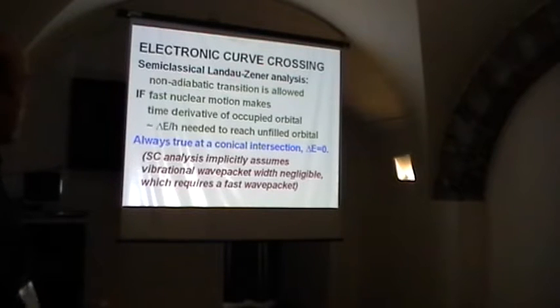In the Landau-Zener picture, a non-adiabatic transition is allowed if fast nuclear motion makes the time derivative of an occupied orbital, if it's moving adiabatically, comparable to the energy gap divided by Planck's constant needed to reach an unfilled orbital. And you can substitute states here for orbitals if you want to be completely rigorous. And this is always true at a conical intersection where the delta E drops down to 0.